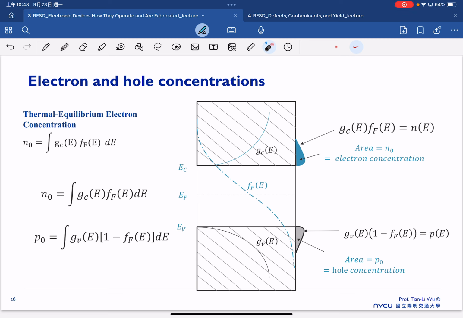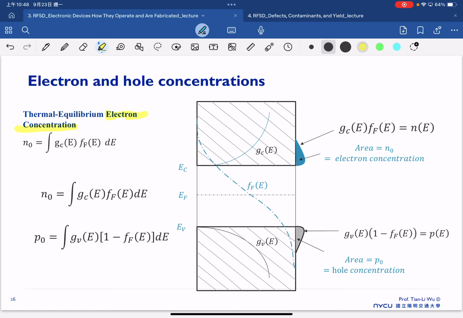In the end, if we try to calculate the electron concentration, just remember our goal is to calculate the concentration for electrons and then the holes.